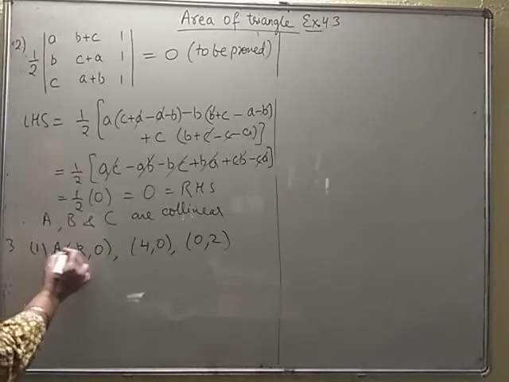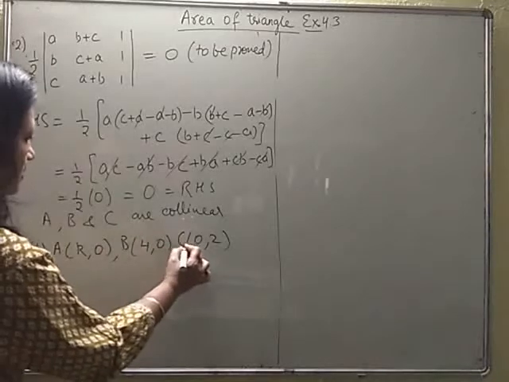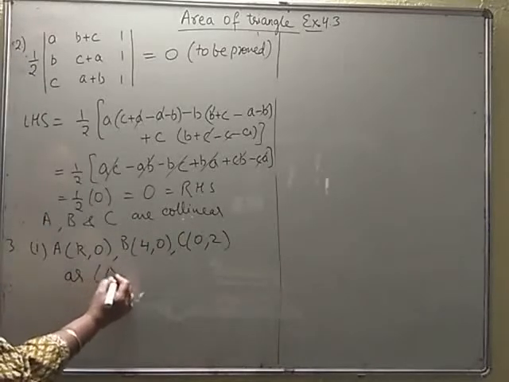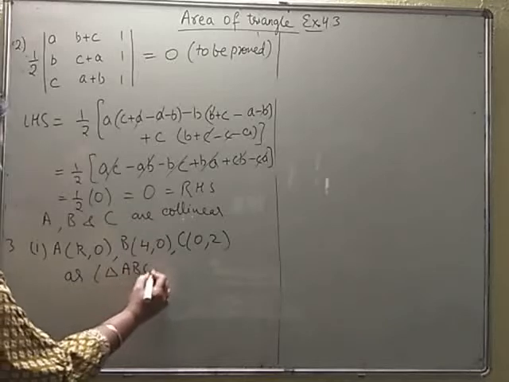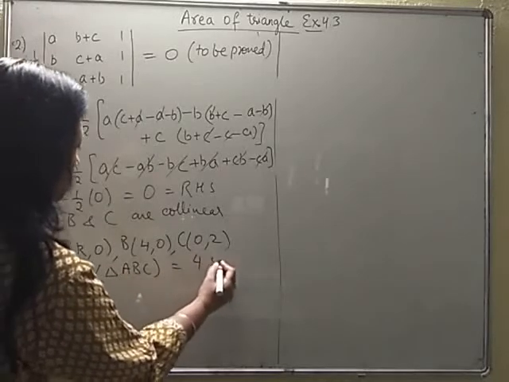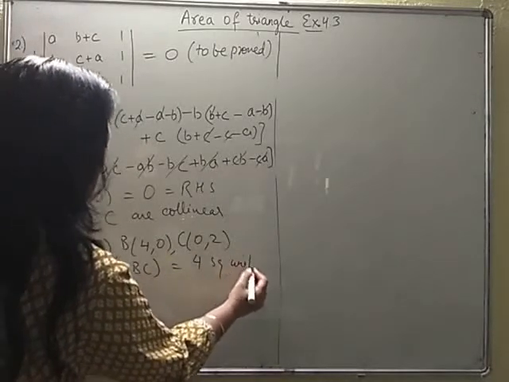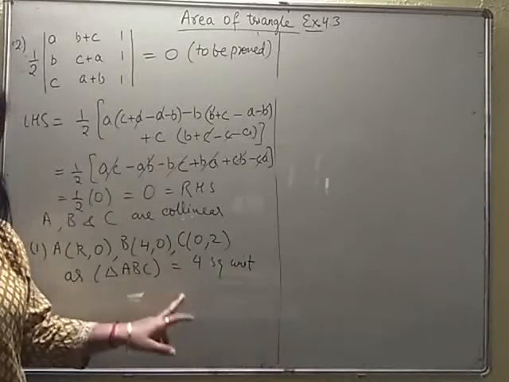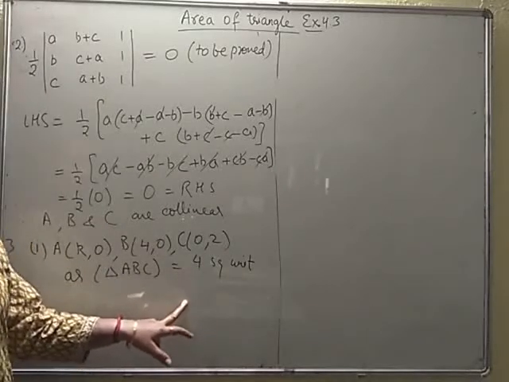Let me name this point A, this is B, this is C. So we are given area of triangle ABC is equal to 4 square units.